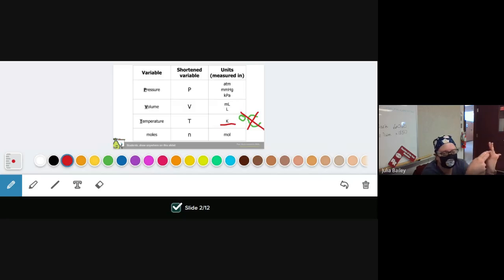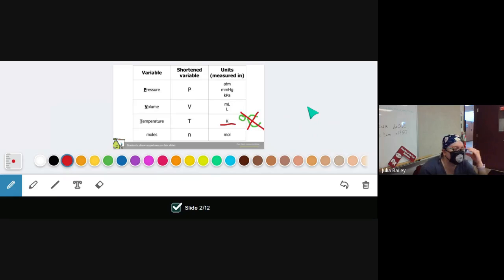Those are 3 different semi-metric units, as opposed to American units, which are usually pounds per square inch, which is a hassle and a half to use. So we'll use any of these 3 that are kind of metric adjacent. We're not going to use the American ones because the conversions are terrible.